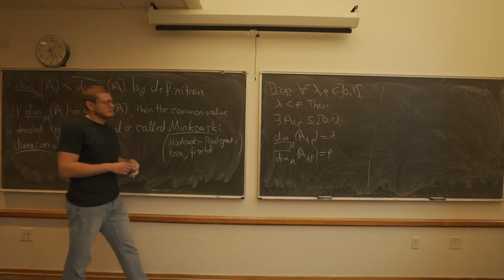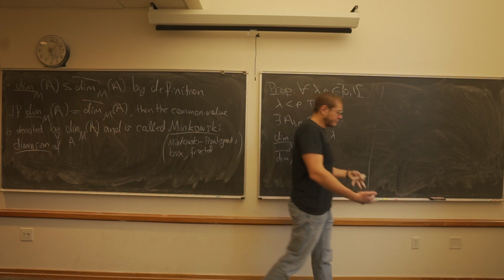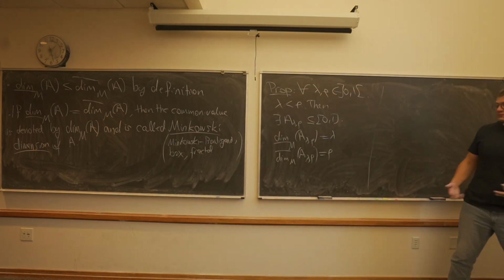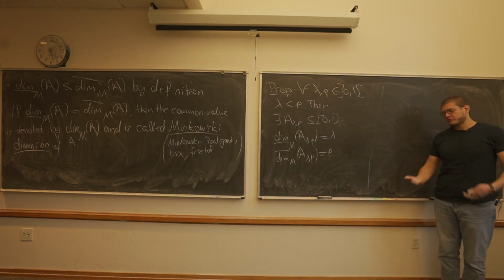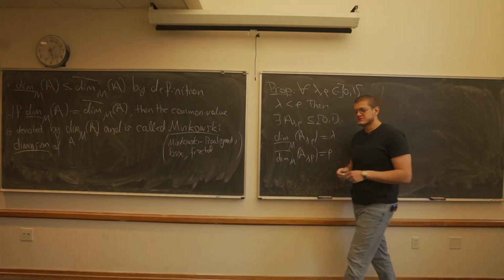Now, in different situations, if you have some more assumptions, of course, you might get that they're the same number, and that's the context of, for instance, this Moran-Hutchinson formula.